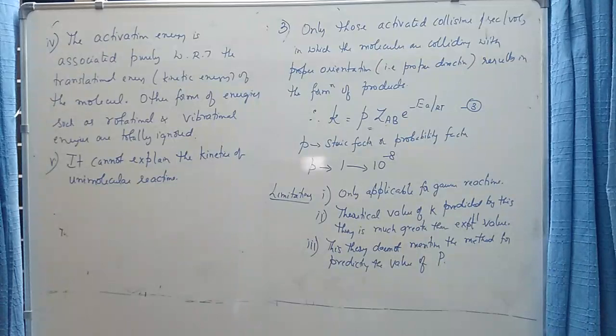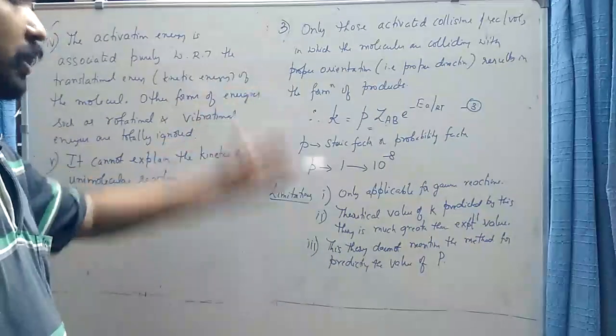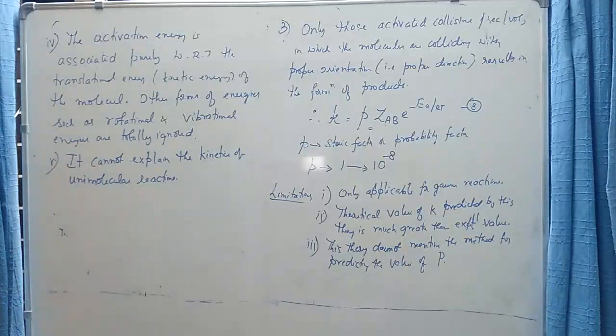So because of these limitations of collision theory, though this is a very simple theory, because of so many limitations, we have to discard this theory, and a new theory is proposed, which is called activated complex theory or transition state theory.